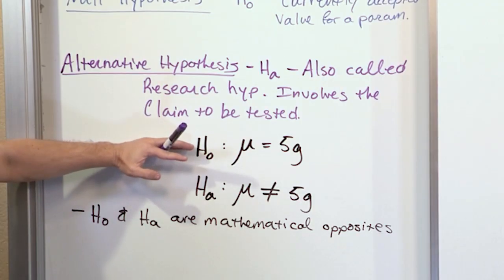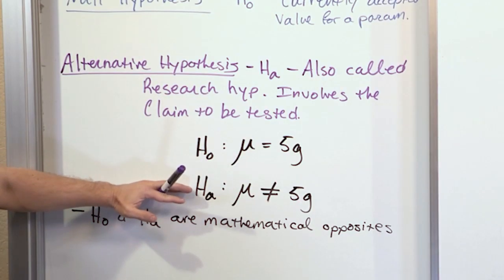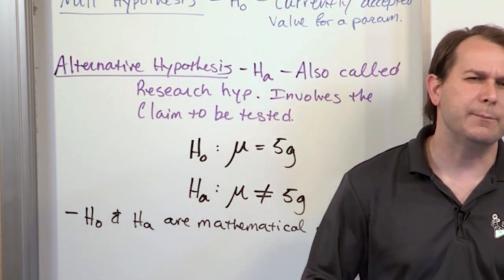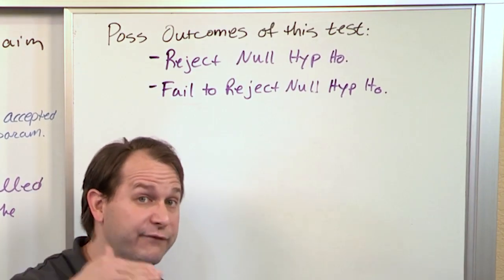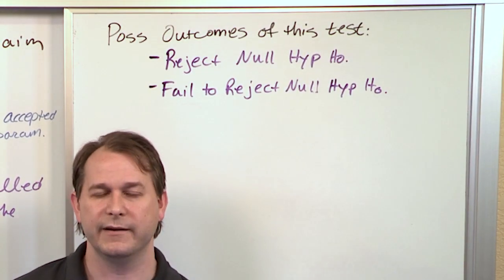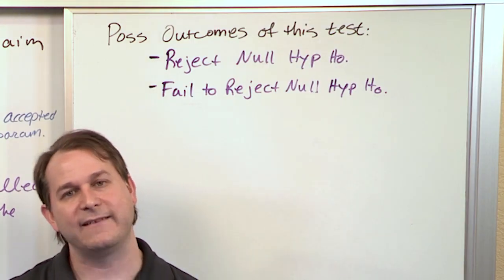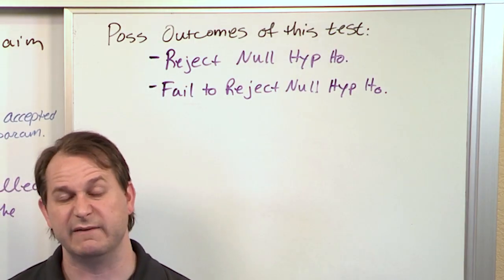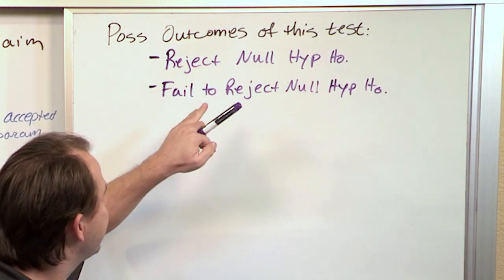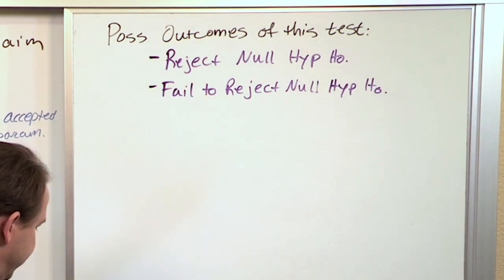If we reject this guy, then we come down here and we say we believe this to be the case for the currently accepted data that we have. We're not really proving it's true, we're just saying this is false or this is not false. And then whatever else is around is going to be promoted to the king of the hill, so to speak. And at that point forward, I guess you say you believe that that's true until something else challenges it. So you either reject the null hypothesis or you fail to reject the null hypothesis.